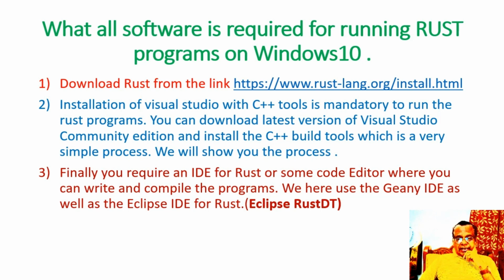You copy this link, put it in your browser's address bar, and go through the instructions to install the Rust software on your system. So this is the first one.